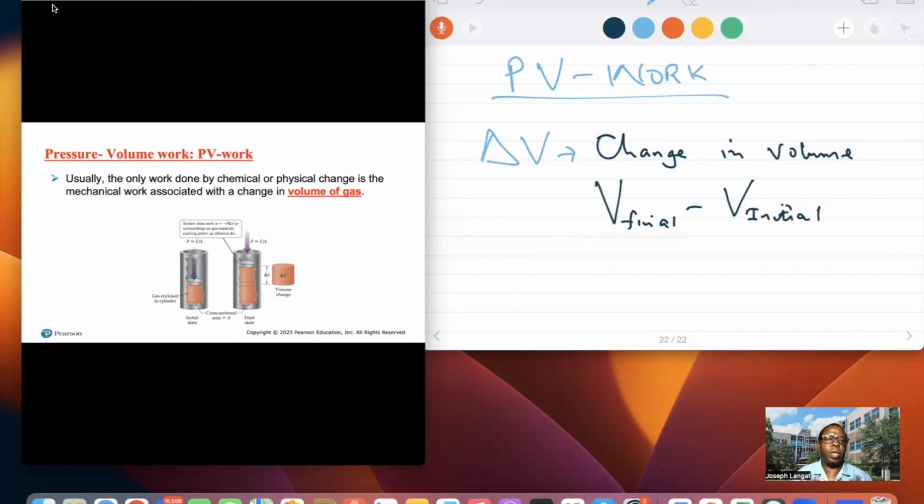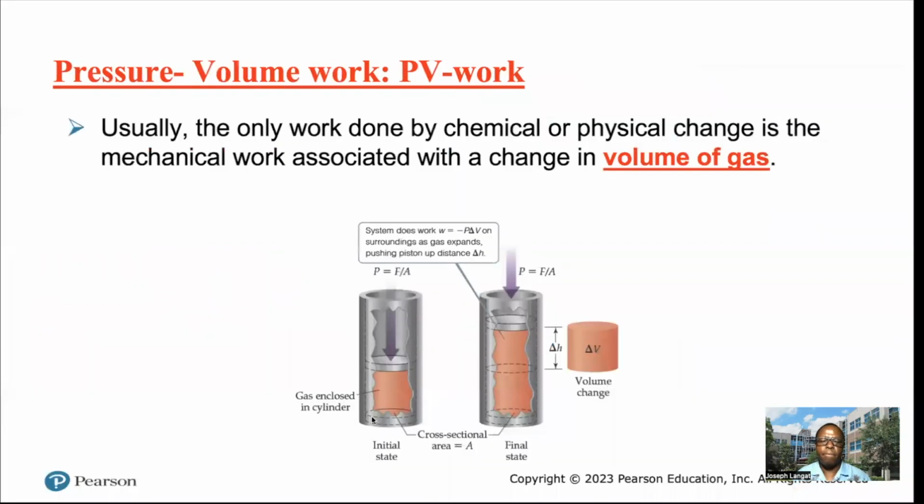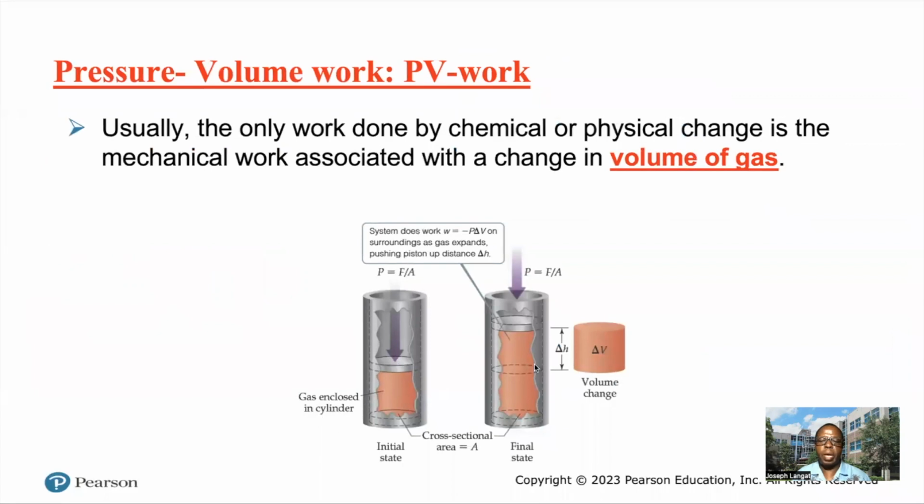So if you look at this diagram right here, cast and close right here, it will expand. Look at the piston. It will be pushed against external pressure. Therefore, system does work. So work, this is the equation for work. P, again, the negative here means against external pressure.